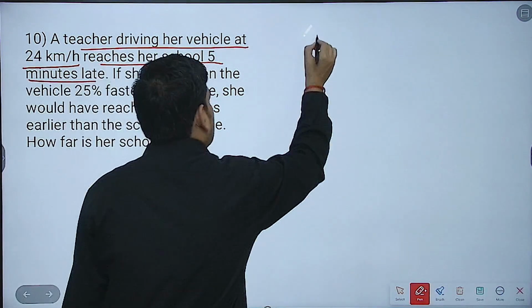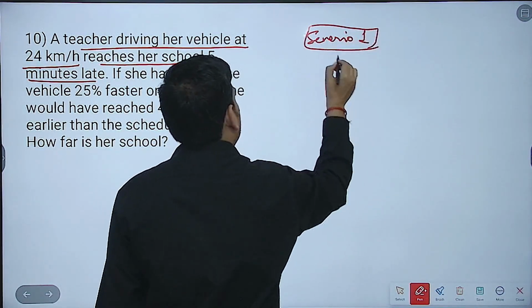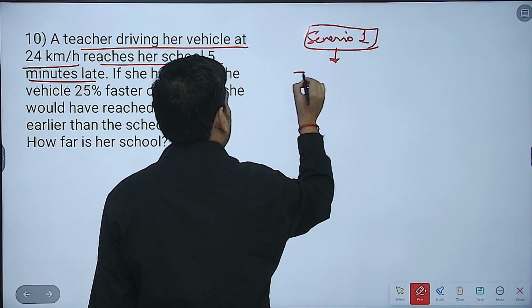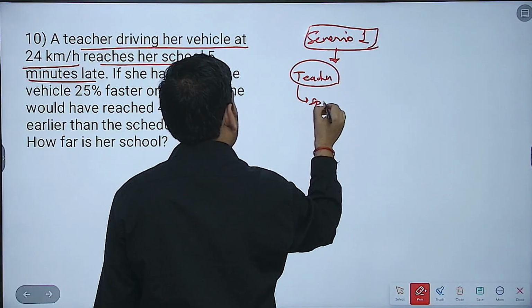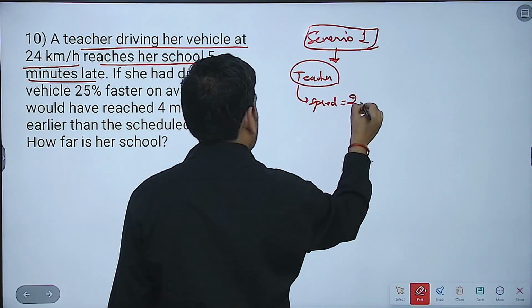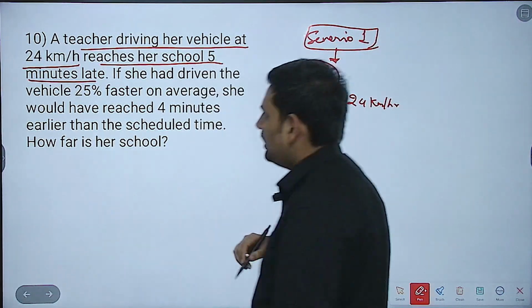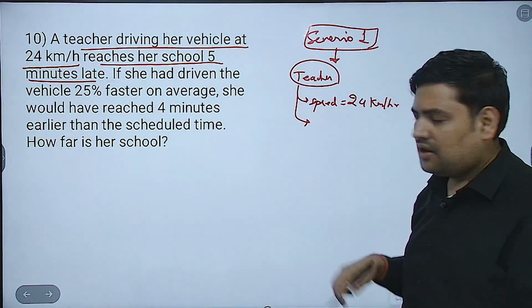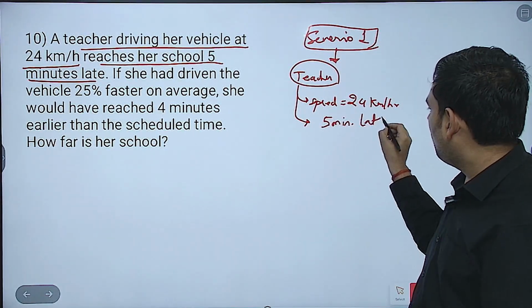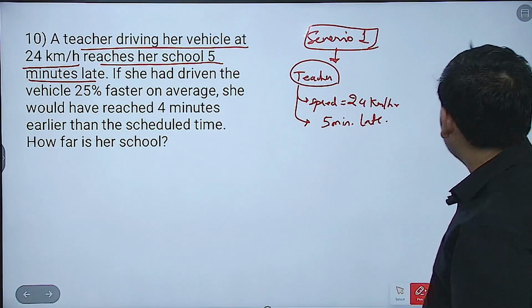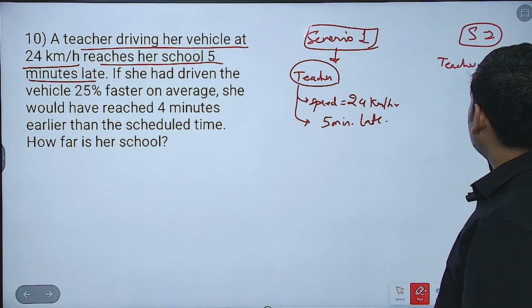So scenario 1 is the teacher, and the teacher's speed is 24 km per hour, and she's reaching school 5 minutes late. Now let's see scenario 2. Here also the same teacher.